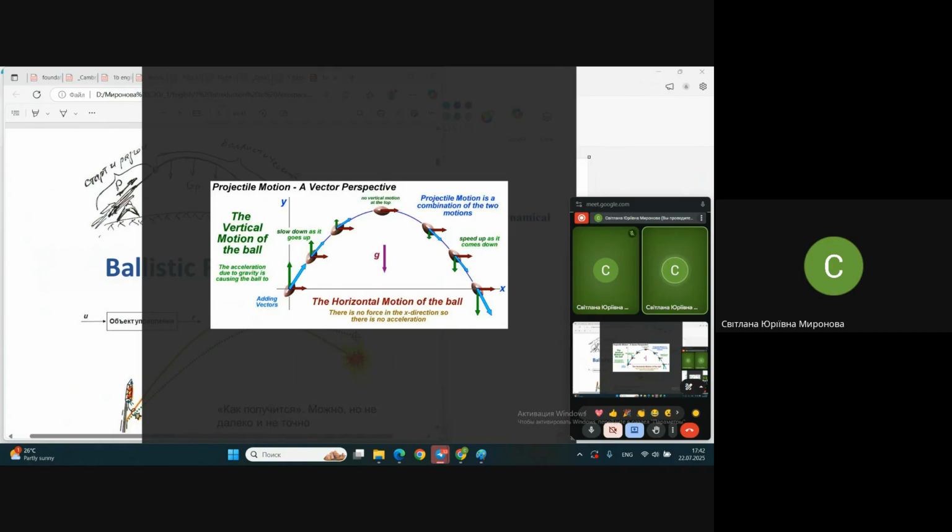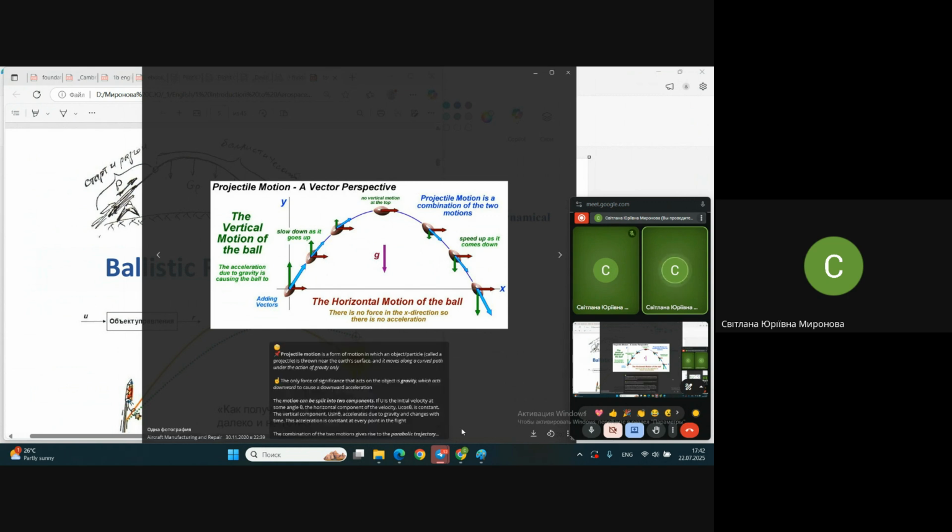And each time we need to talk about what forces act on the object in flight in order to understand the differences. Actually, where lift is, how lift may appear if we throw something.